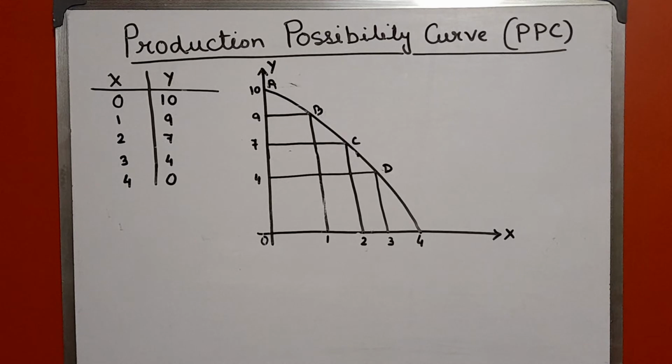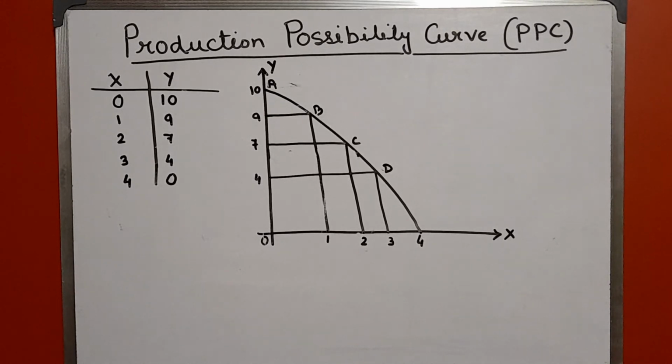Either the economy can go for a bigger amount of X and a smaller amount of Y, or a bigger amount of Y and a smaller amount of X, or the economy can produce only X or only Y. From here comes the concept of production possibility curve, because here the economy has to make a choice.